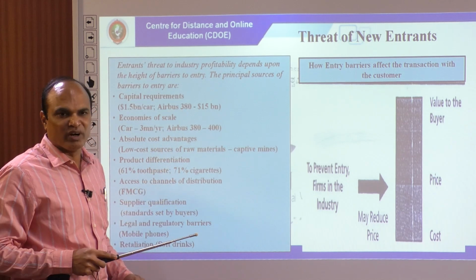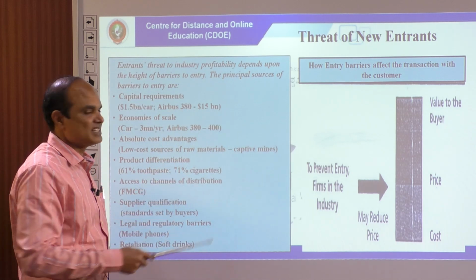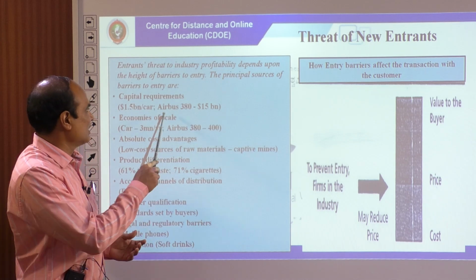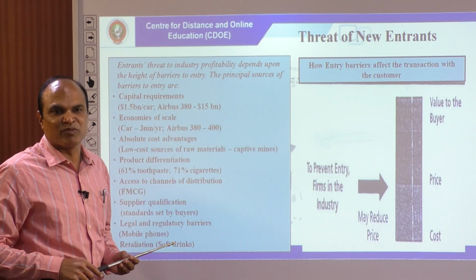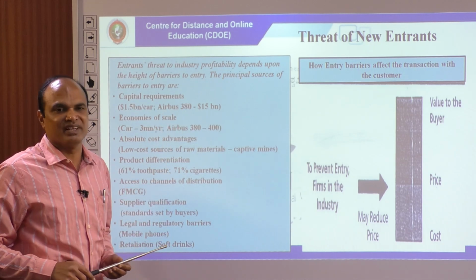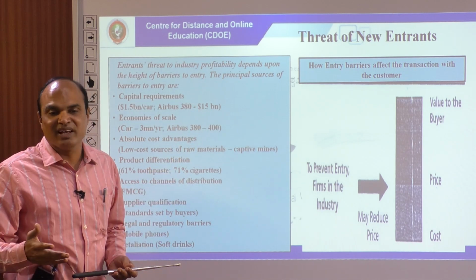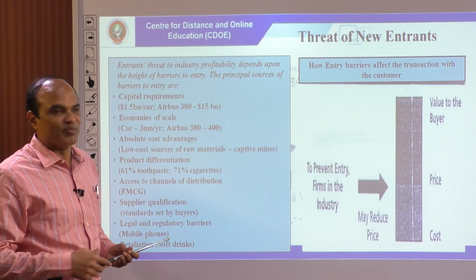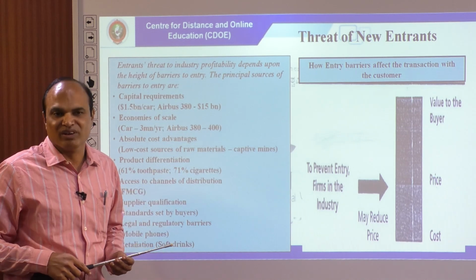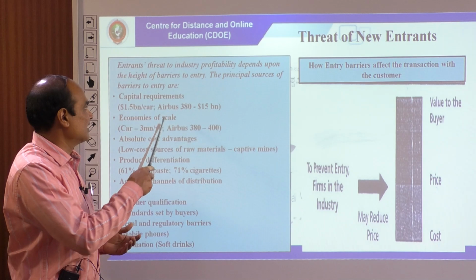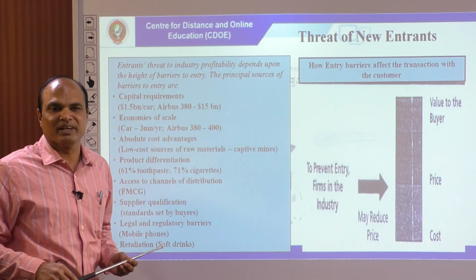Boeing will not keep quiet; they will also invest a considerable amount to match the product features of the Airbus 380, but they have to invest a similar amount, almost $14–15 billion, to match the product developed by Airbus.